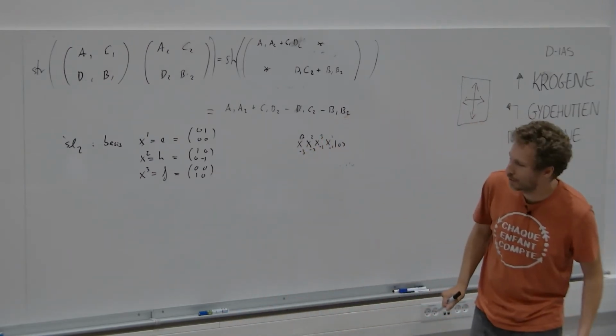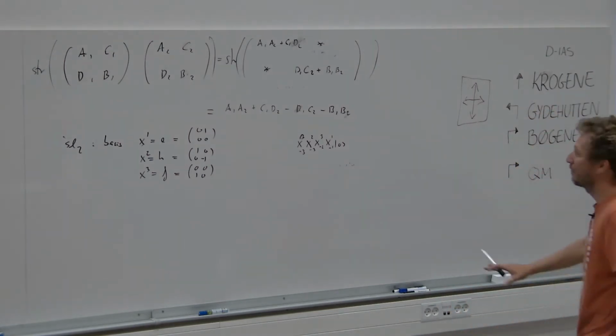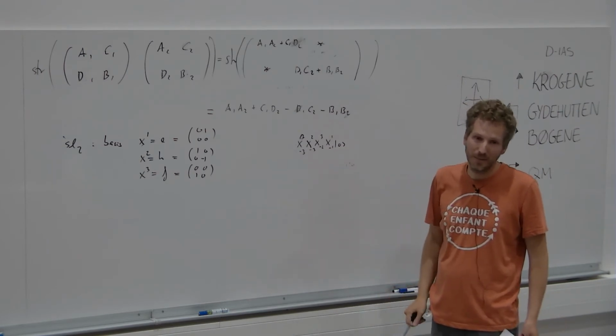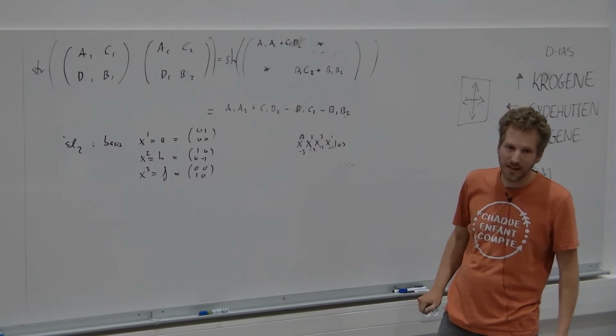Did I write this correctly? I just have to fix an ordering. It doesn't really have any importance. But the point is that this is supposed to be a basis.